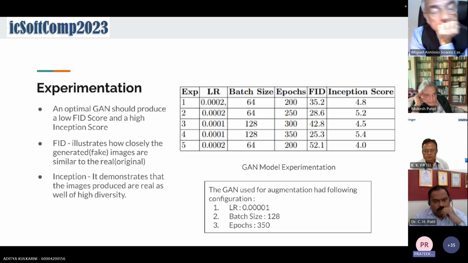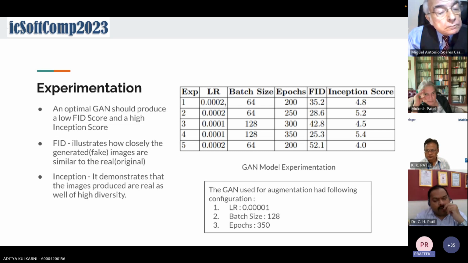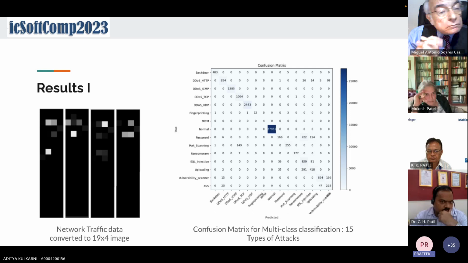The FID illustrates how close the generated or fake images are to the real ones, and the inception score demonstrates that the images produced are of high diversity. Usually having a lower FID score and a higher inception score is the ideal scenario, and therefore we have considered the given configuration for our GAN architecture.